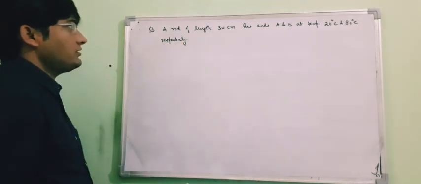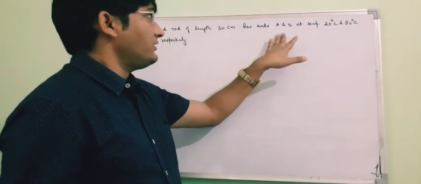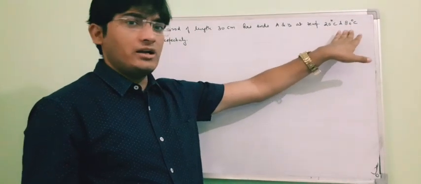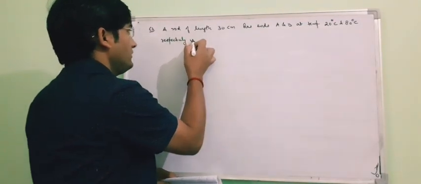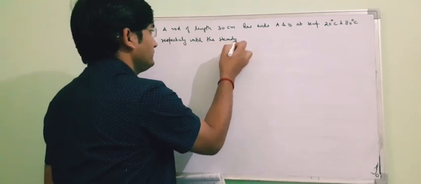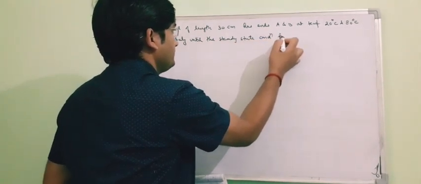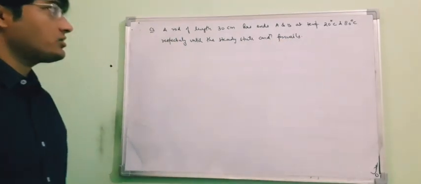So the rod has length 30 centimeter and temperature at the points A and B are 20 degrees centigrade and 80 degrees centigrade respectively until the steady state condition prevails. So this is your temperature until your steady state condition prevails.